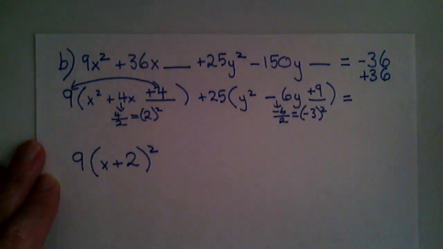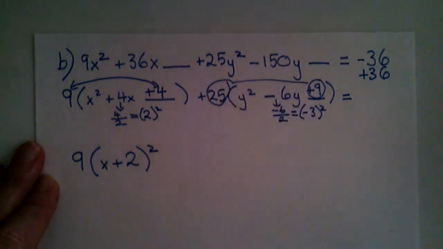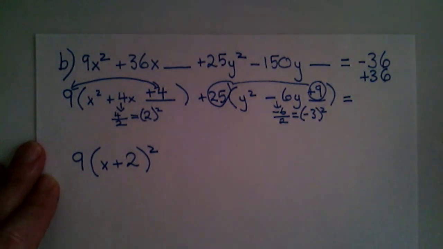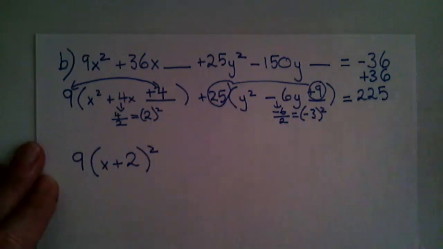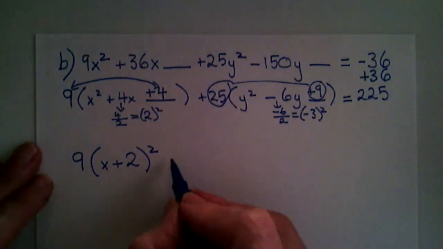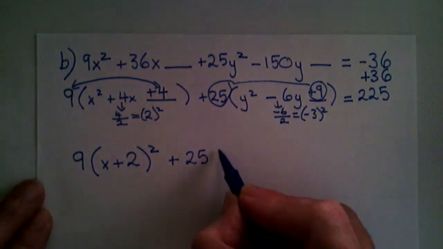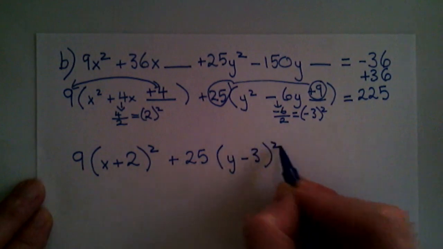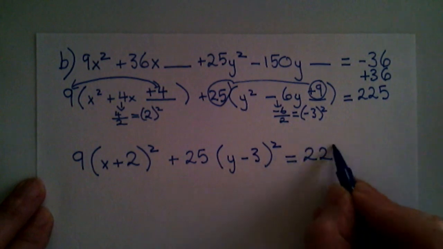And now you're going to multiply your 9 with 25. And so you have 0 there. 9 times 25 is 225. Okay, so now I've got plus 25 here multiplied by quantity y minus 3 squared. And that is all equal to 225.